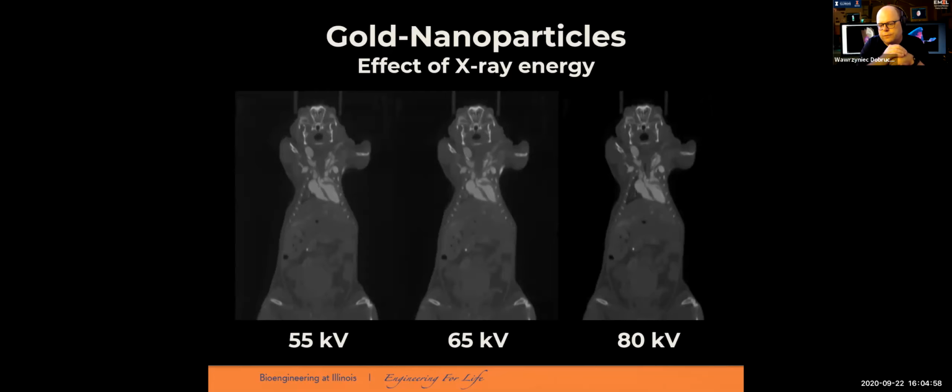And I think maybe it's not very clear from those images, but we did some calculations, and it shows that when you increase the energy of the X-rays from 55 to 80 kilovolts, then all the tissue which doesn't contain the gold nanoparticle contrast is kind of dimmer, right? And actually the intensity of the heart or the blood pool is higher than normal. So the difference between the contrast allows for much nicer quality of the images again.